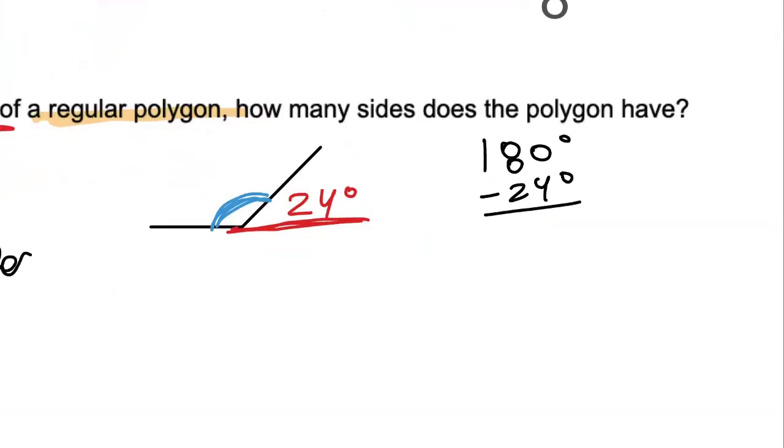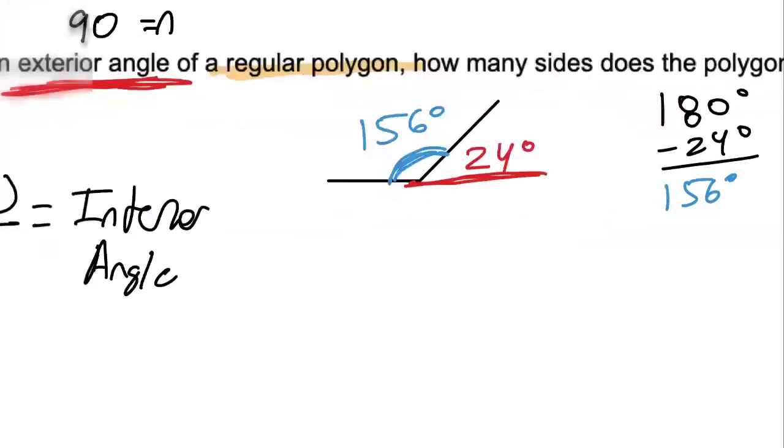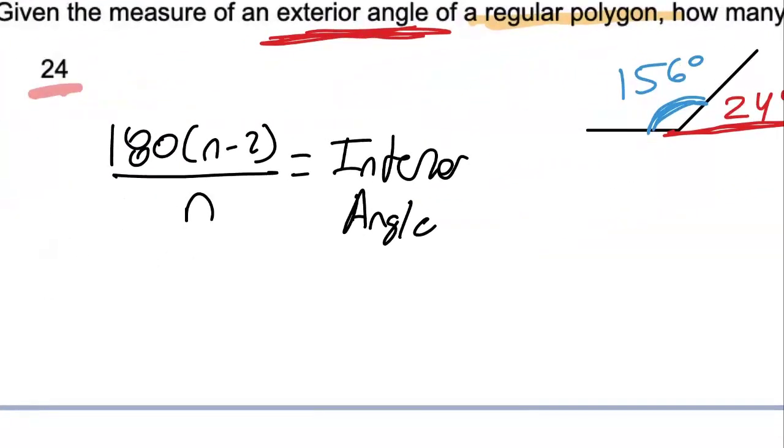So that's really good. 180 minus 24 gives me 156 degrees. So that means my interior angle is 156 while the exterior angle is 24. Now I can use the formula. So 180 times n minus 2 divided by n is equal to 156 degrees, because that is the interior angle, even though I'm given the exterior angle.